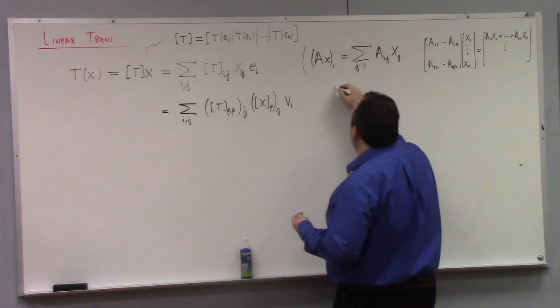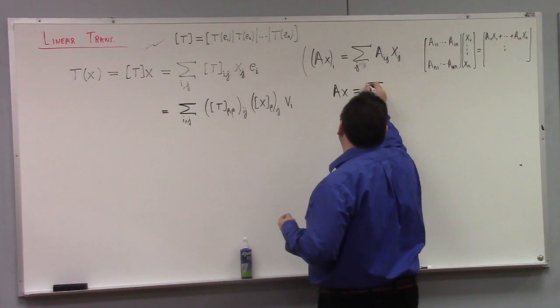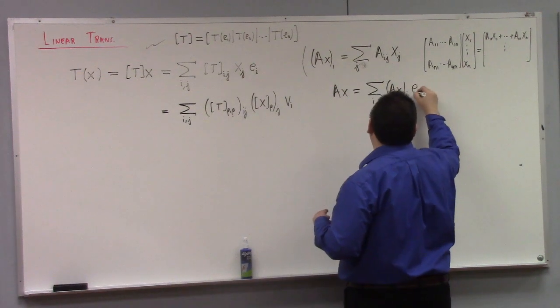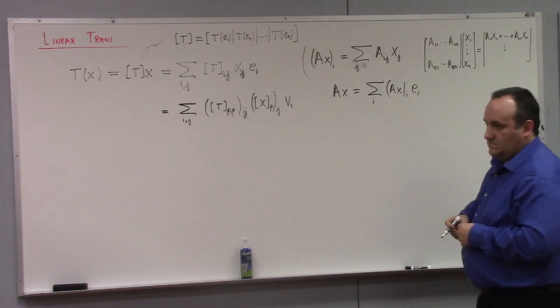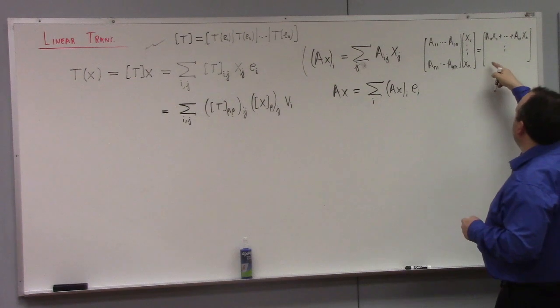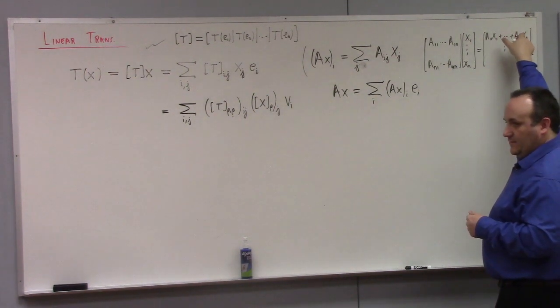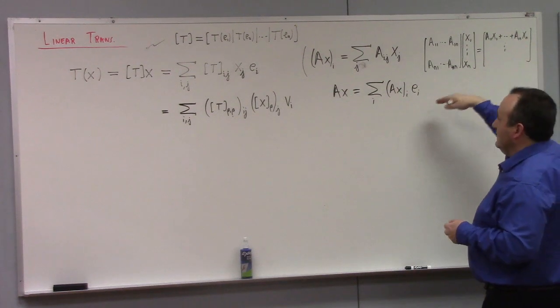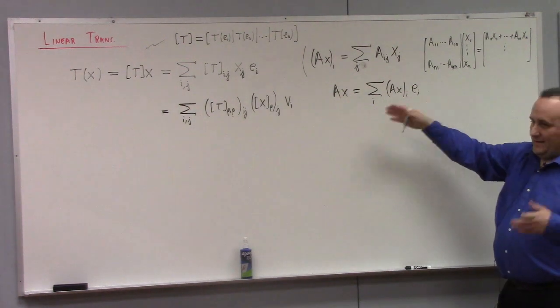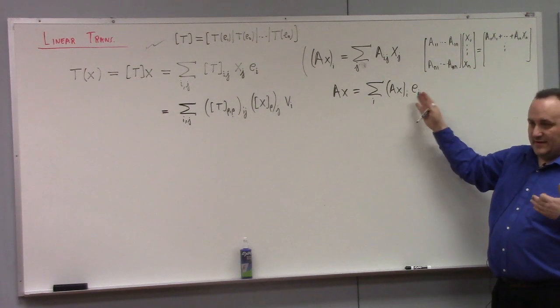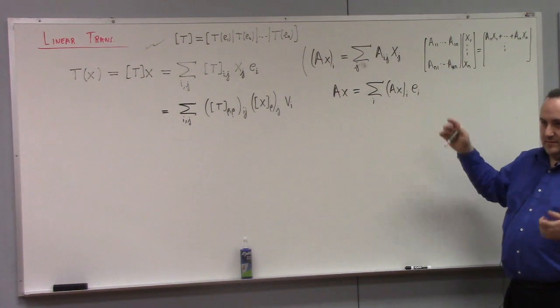But then AX is equal to a sum over i of A x_i e_i. In other words, you can rewrite this as the first component times e1 plus the second component times e2, and so on. Any vector, generically speaking, can be written as its components times the standard basis like this.